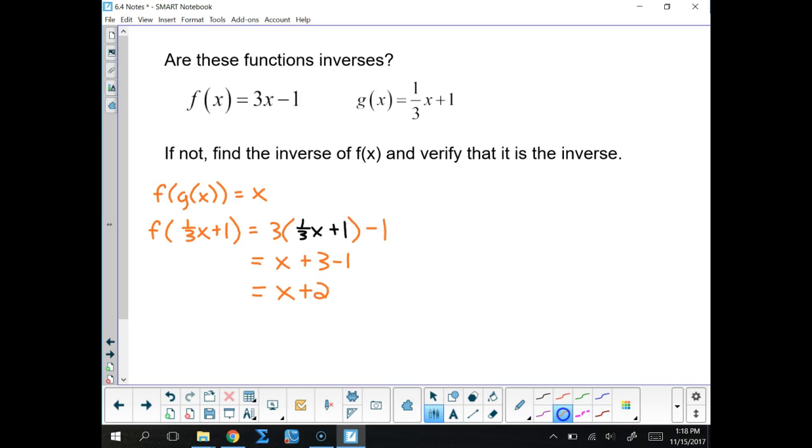So, then it said, find the inverse of f of x. Well, f of x was equal to 3x minus 1. First thing we do is we switch out f of x with y. Then we switch the x and the y.